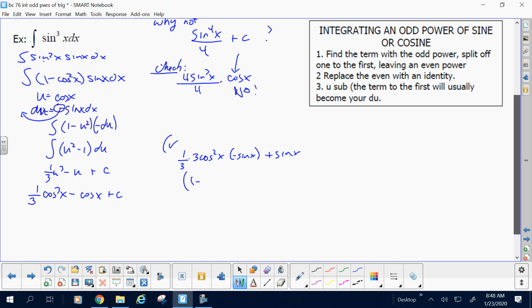Yes, 1 minus sine squared. Now I feel like I need to prove that negative sine plus sine cubed. Are you seeing how it's working? Good. It does check out, in other words.